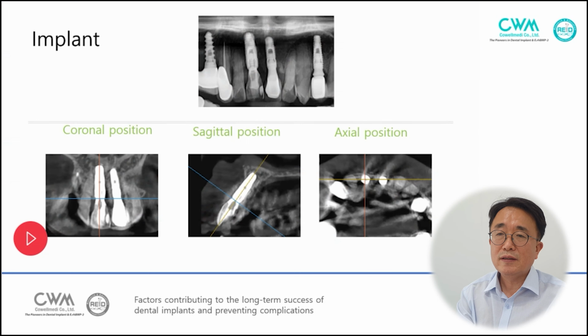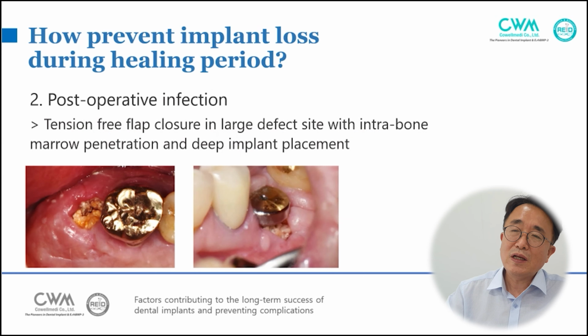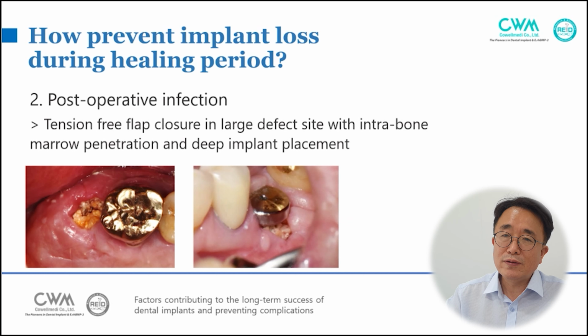The implant buccal bone width is about 2 millimeters, and the axis is correct. How to prevent implant loss during the healing period? The second item is post-operative infection. Yes, a tension-free flap closure in a large defect site with intra-bone marrow penetration and deep implant placement is a solution.